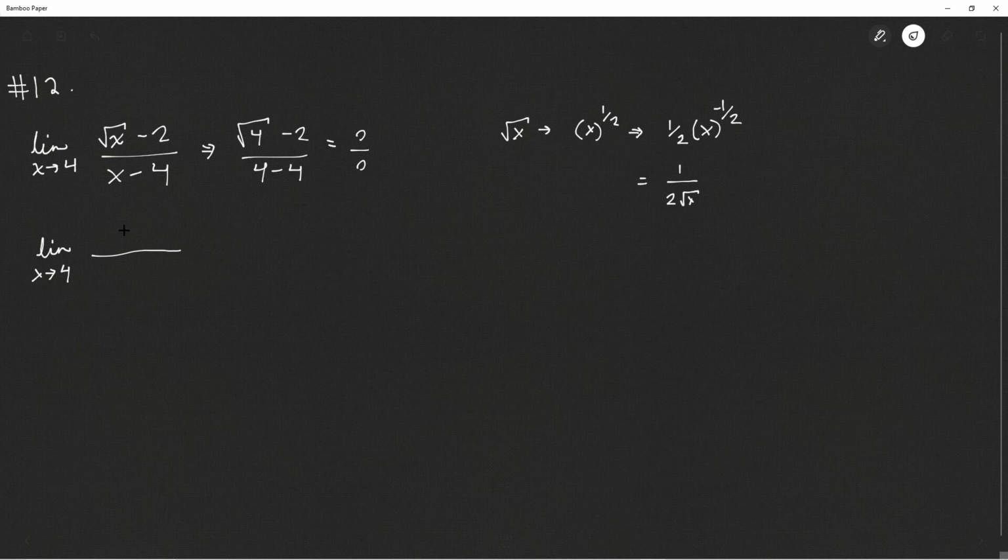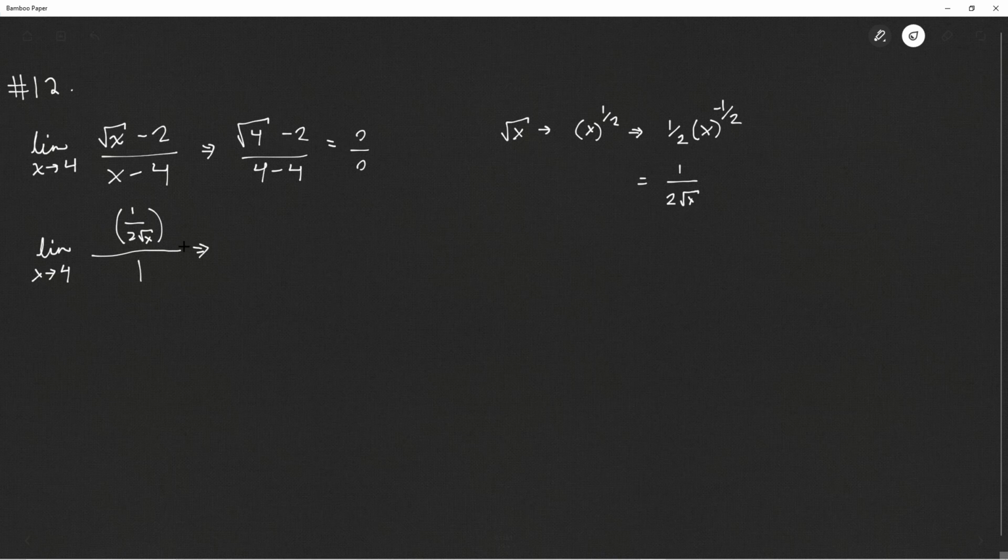So now we're going to change this to 1 over 2 square root of x divided by the derivative of the bottom, which just becomes 1, as minus 4 just becomes 0.